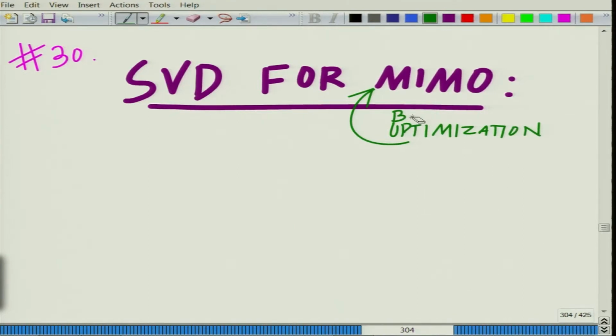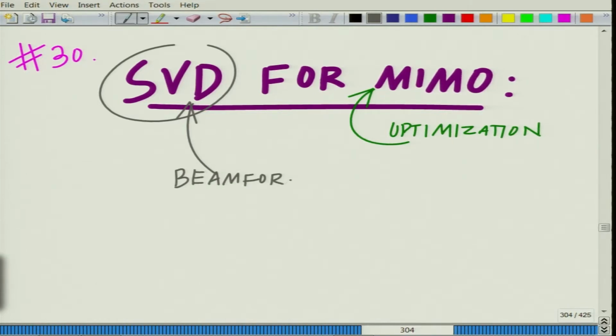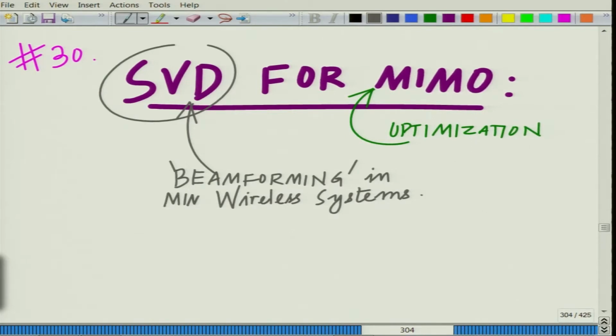The idea is that SVD can be employed for what we call beamforming, as we have looked at several times, that is beamforming in wireless systems, especially MIMO wireless systems. Okay.